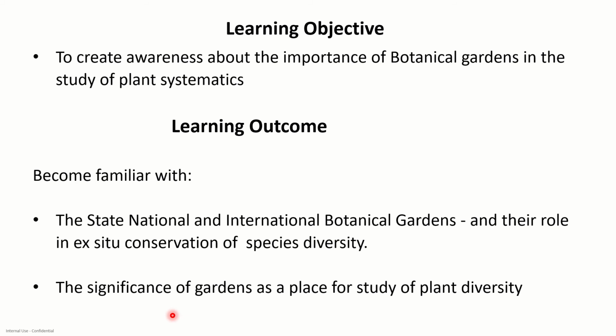What is the objective of this topic? Why do we need to study this topic? It is expected to create awareness about the importance of botanical gardens in the study of plant systematics.